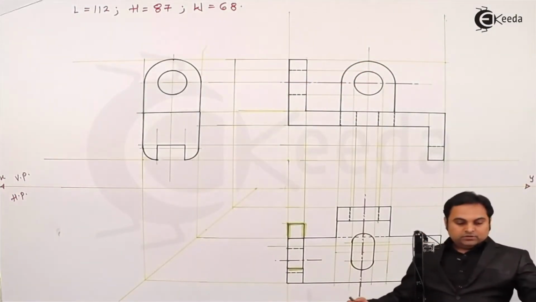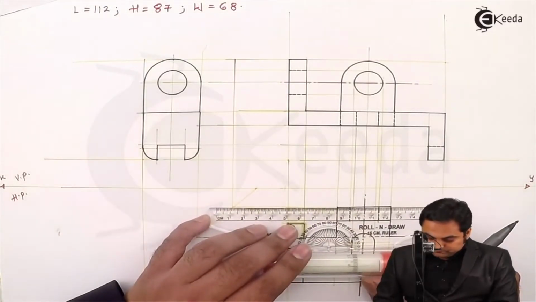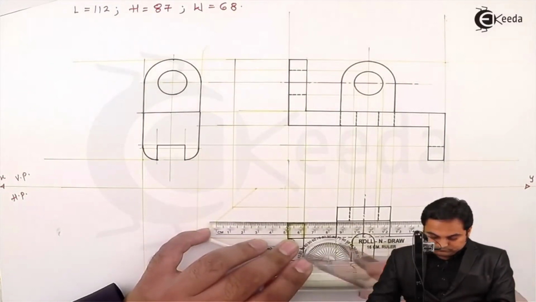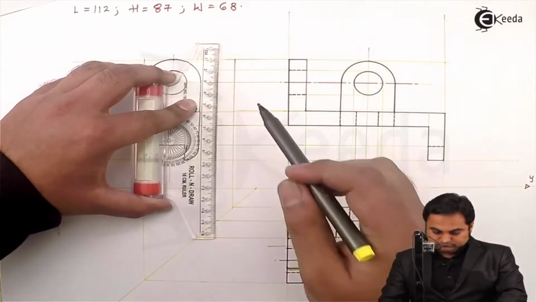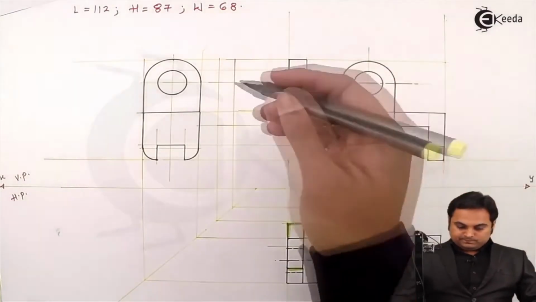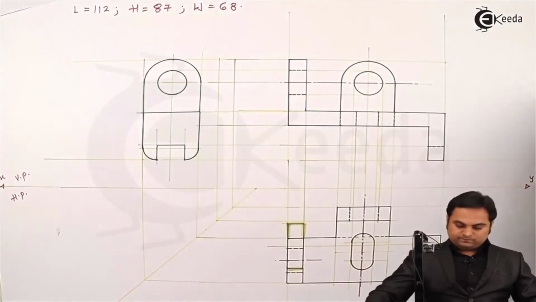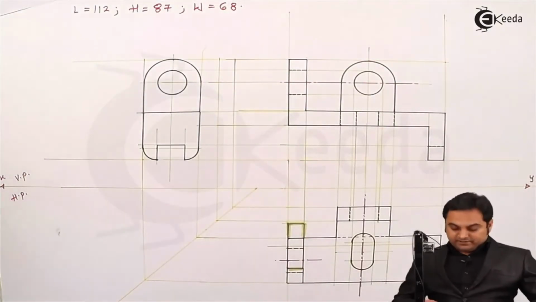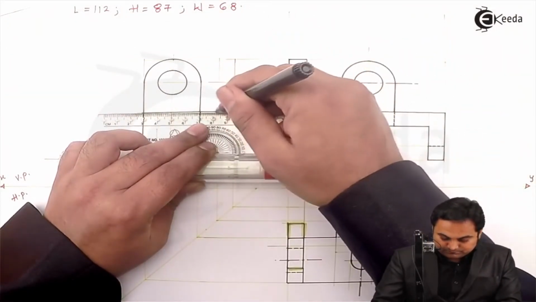Then the width is 12, which I can get from the top view. So I'll be making dark the surface which is visible.